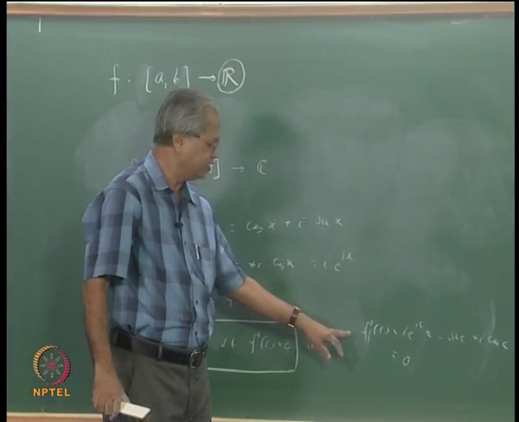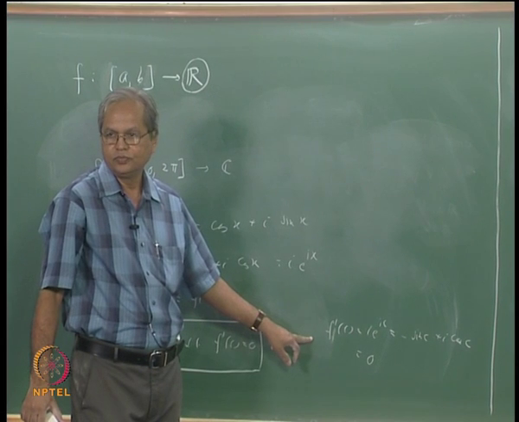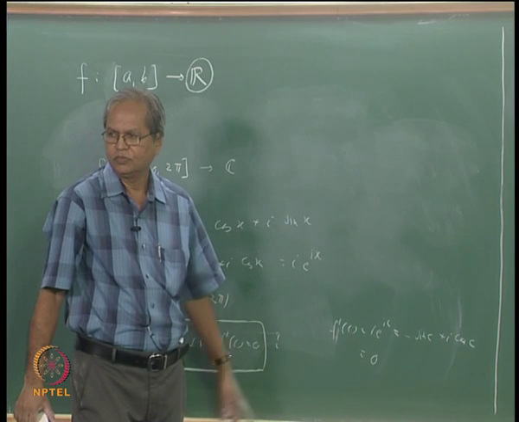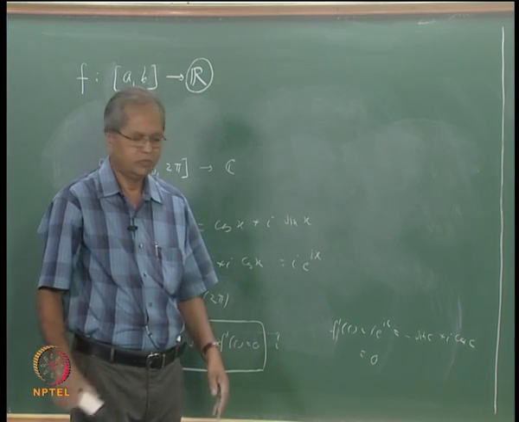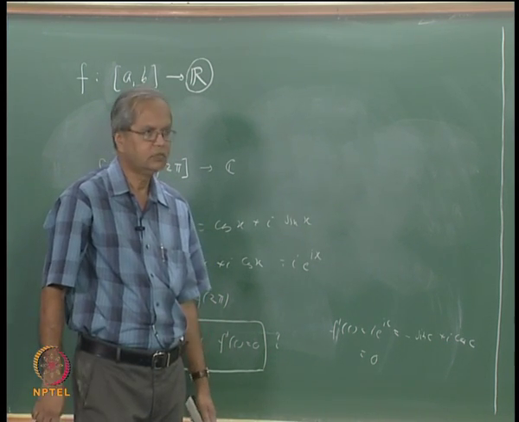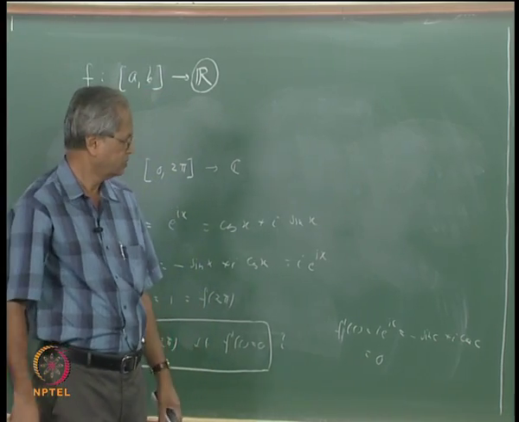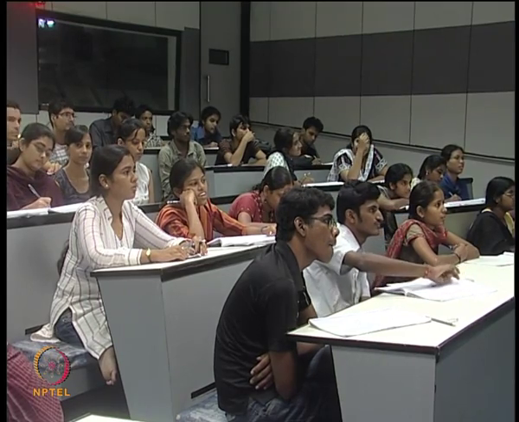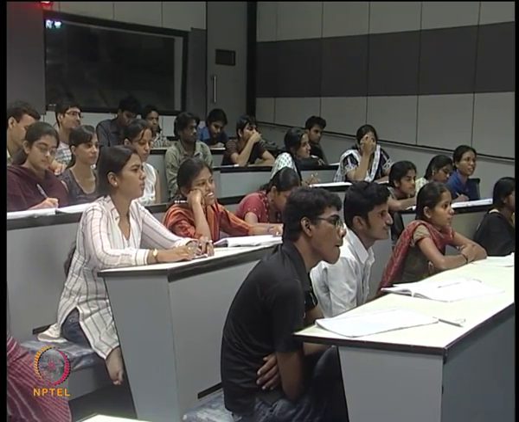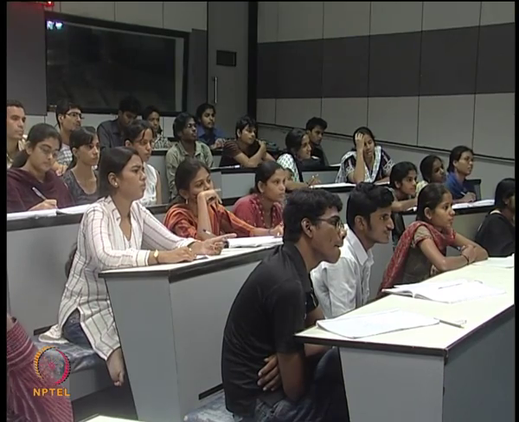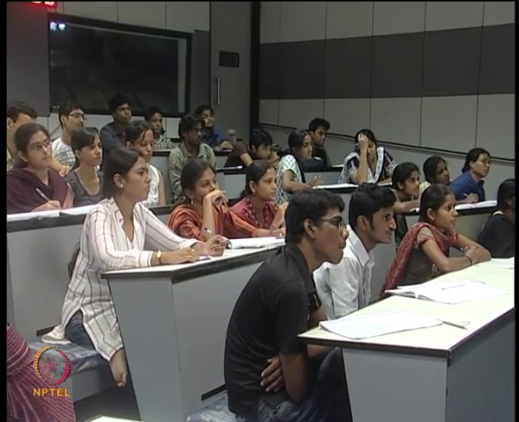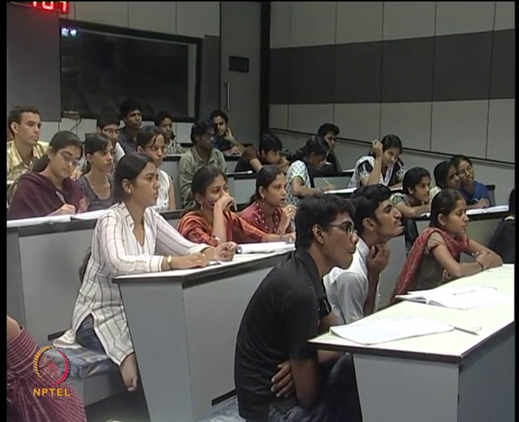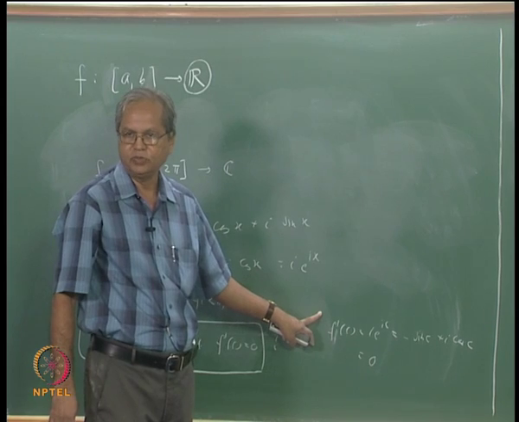What is the reason why it is not possible? What is the absolute value of f prime c? What is mod f prime c? It is 1. So can it be 0? That is it, right? For no c can f prime c be 0.